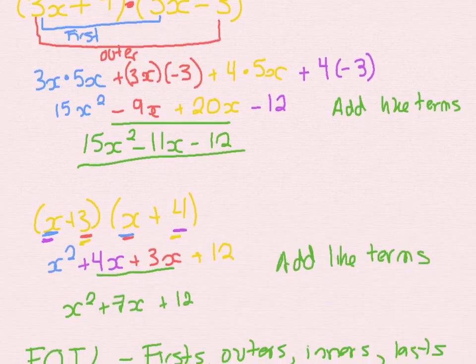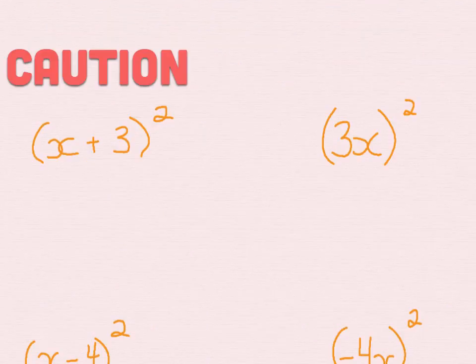Okay, so before I finish this lesson, I need to show you some cautions in which you will probably get tricked. You'll notice here that I have a polynomial inside a bracket, all squared. Before, you've been used to putting this 2 inside the brackets. But here is where the problem lies.